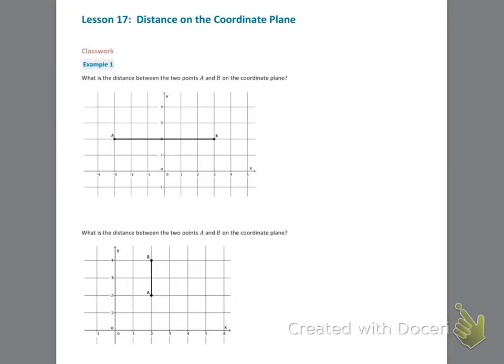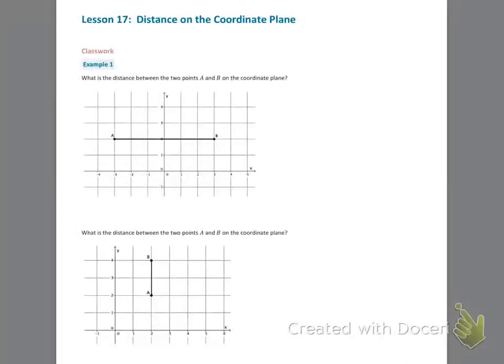So if I have horizontal or vertical lines, it's pretty easy to determine the distance between those 2 points. And there's a couple ways. If they're here, I can just count 1, 2, 3, 4, 5, 6. The distance between point A and point B here is 6 units.